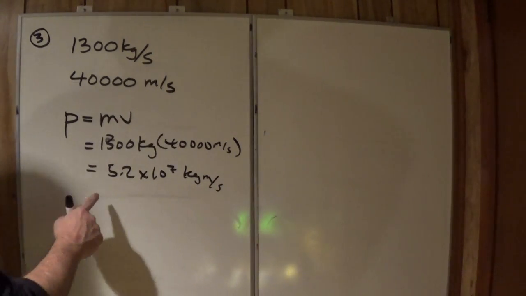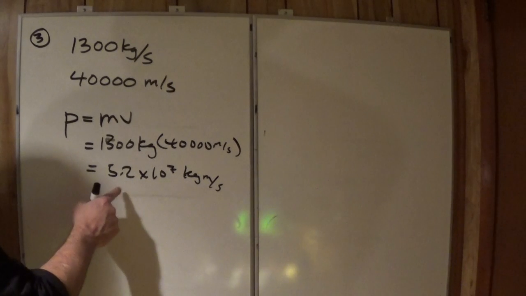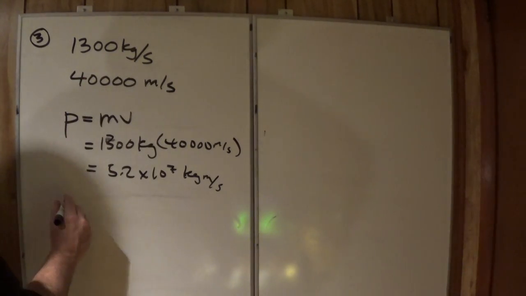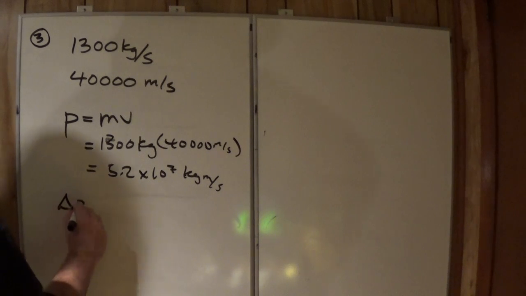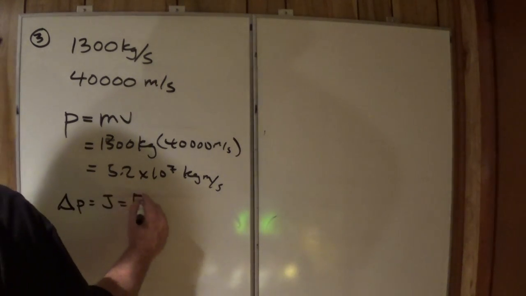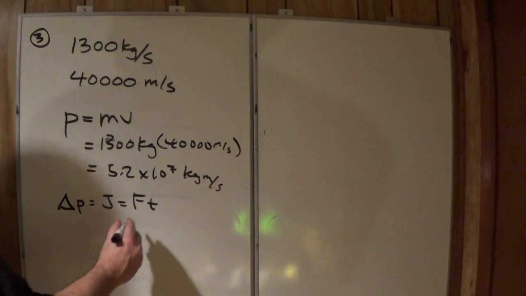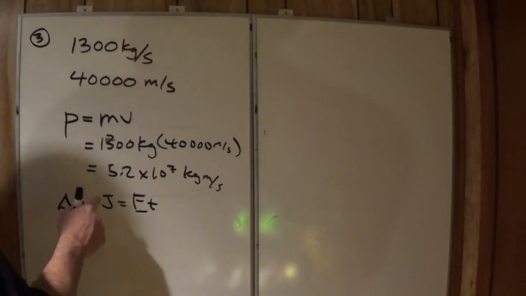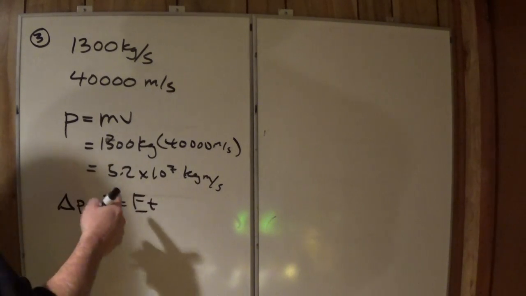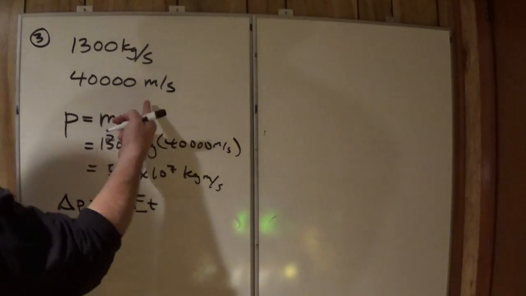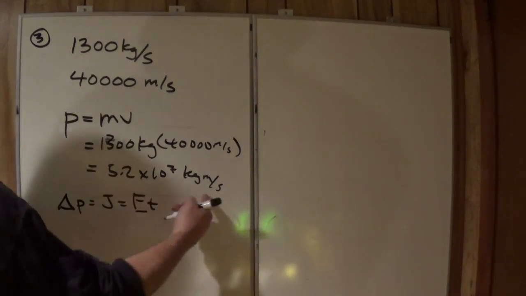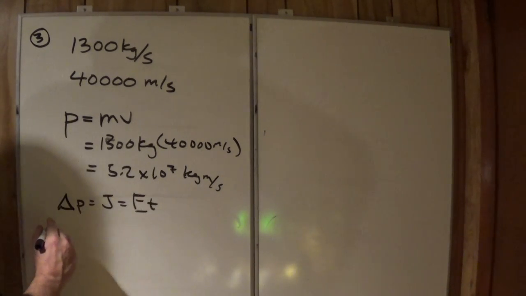Now, we're gaining this much momentum per second because we're expelling that much gas per second. If we wanted to write this as delta P equals J equals Ft, we're looking for the force. We want to know how much force is generated here. The gas of this 1,300 kilograms is going from rest to 40,000 meters per second, so the impulse is this for that 1,300 kilograms of gas.